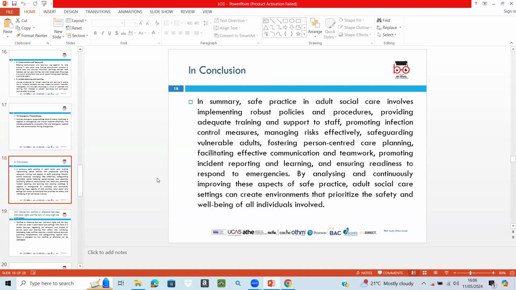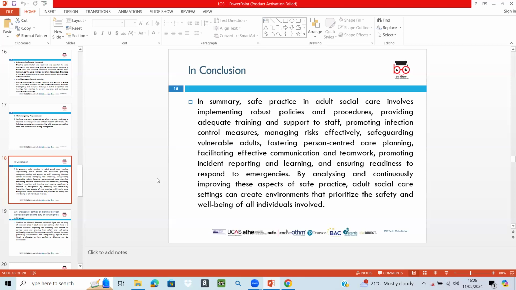Right, so we need to conclude that. We can say that safe practices in adult social care encompass a comprehensive approach that includes robust policies and procedures, continuous staff training and support, infection control measures, effective risk management, safeguarding procedures.